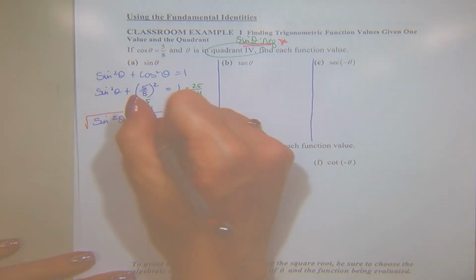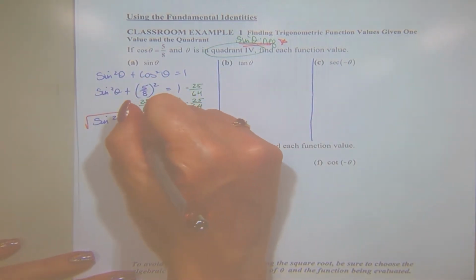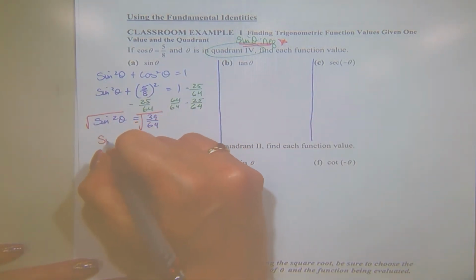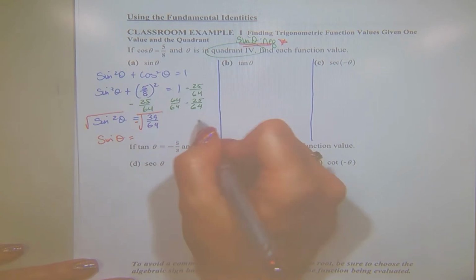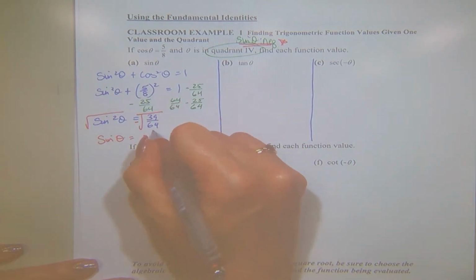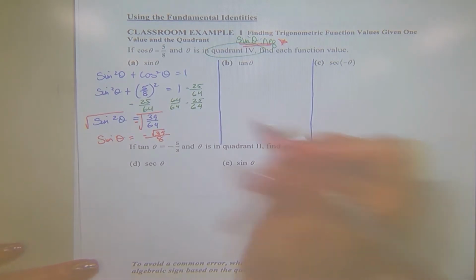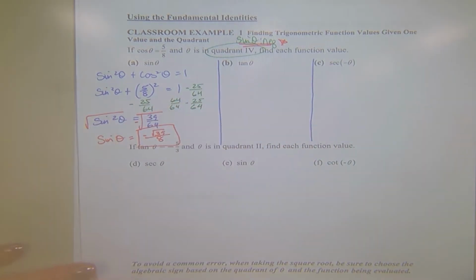So that is negative. All right, so square root of sine squared is just sine theta. Square root of 39 does not simplify. It's just square root 39, but the square root of 64 is 8. So my result for sine theta is negative square root 39 over 8.